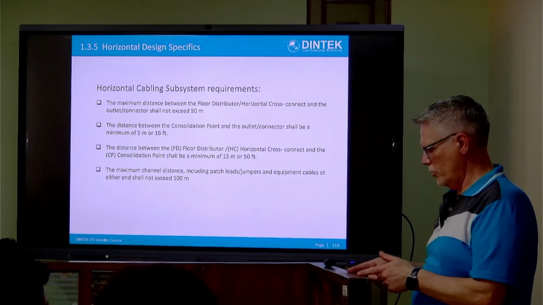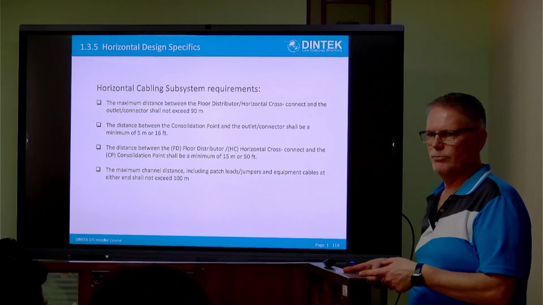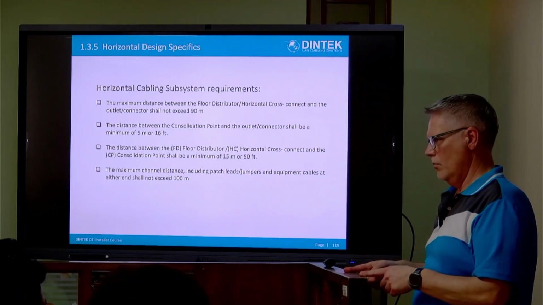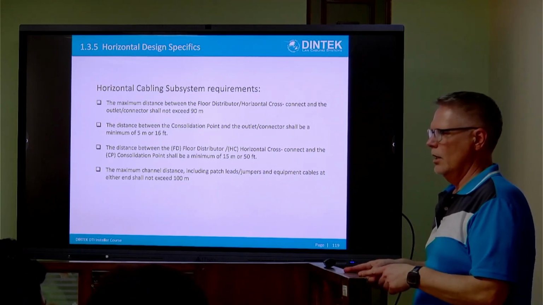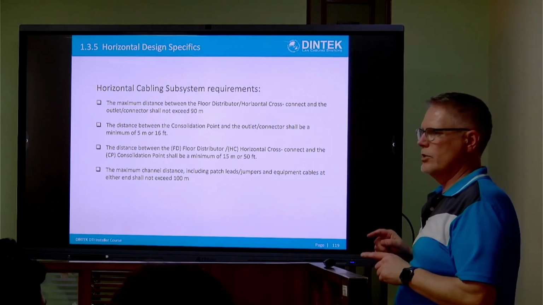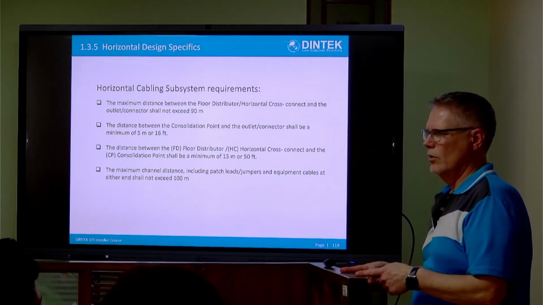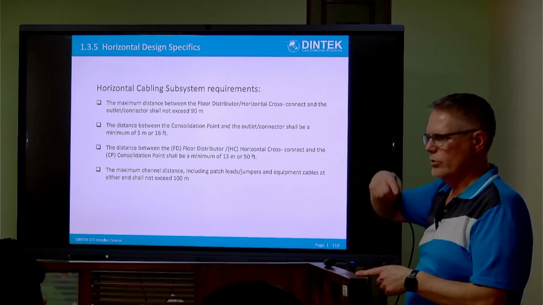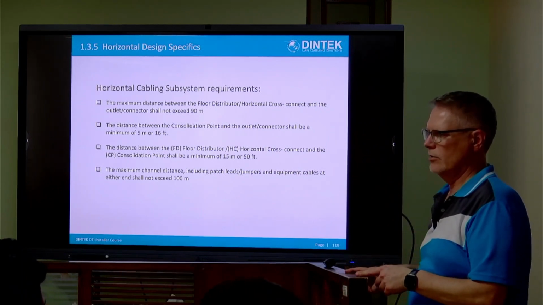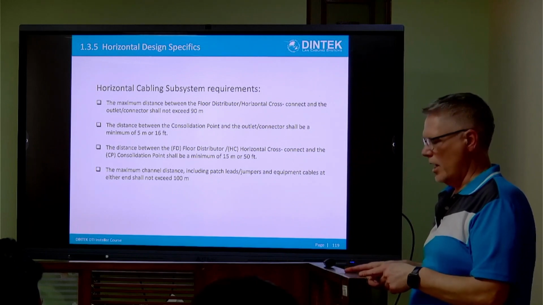They say that it should be at least 15 meters minimum. If it's only 15 meters or less for the outlet, what I would normally do is lose some cable in the ceiling, keep that distance.